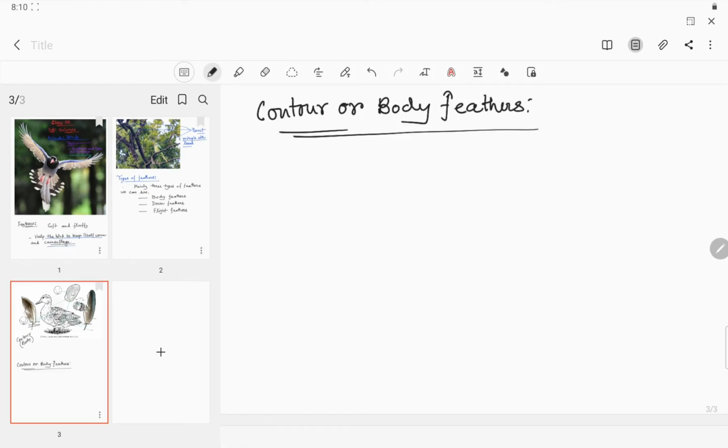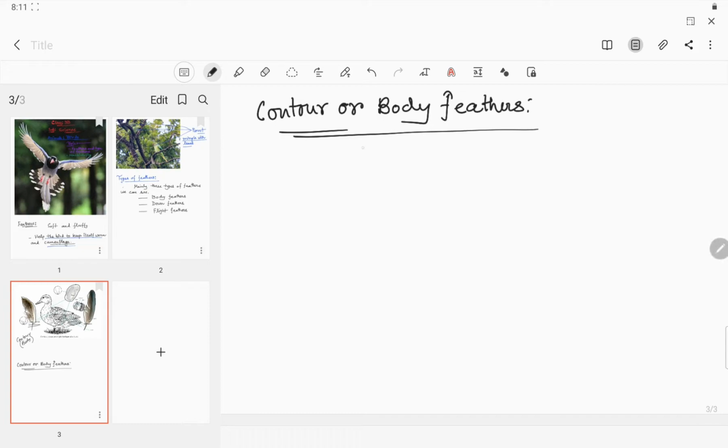Basically, contour or body feathers are the small feathers that cover the body, wings, and tail of a bird. Right? They are strong but light in weight. They give color and smooth shape to the bird.